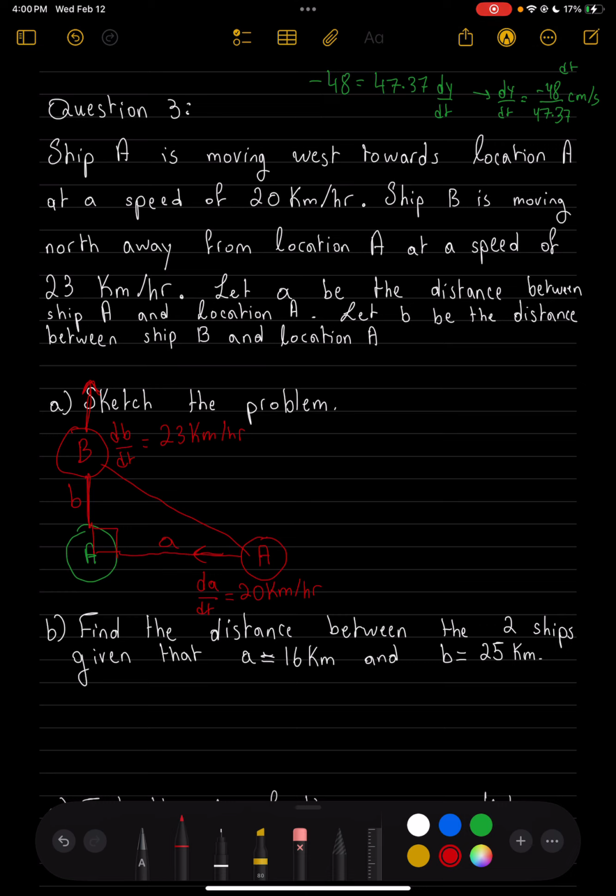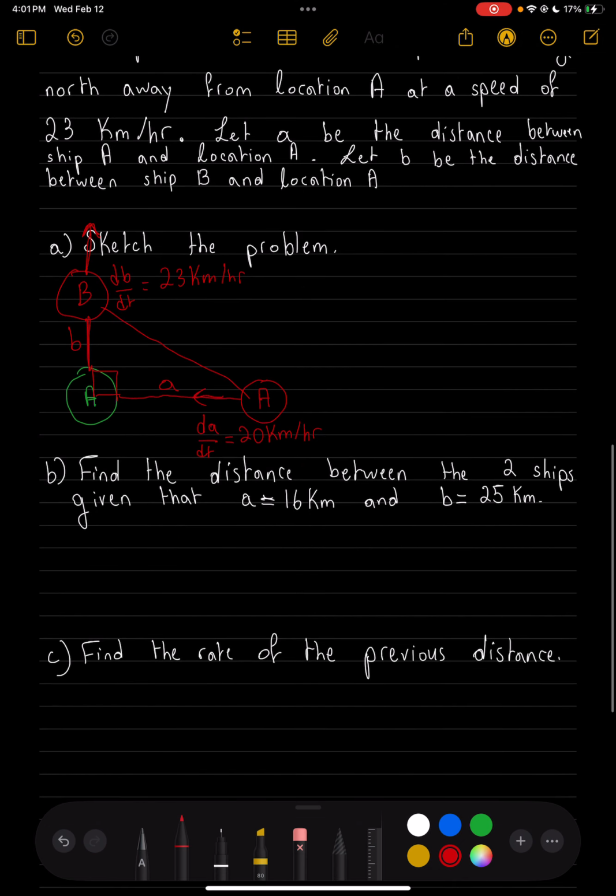So find the distance between the two ships given that A is equal to 16 and B is equal to 25. A very straight to the point Pythagoras question over here. So the distance between the two ships, let's call this C. So C squared is equal to A squared plus B squared. So that means C squared is equal to 16 to the power of 2 plus 25 to the power of 2.